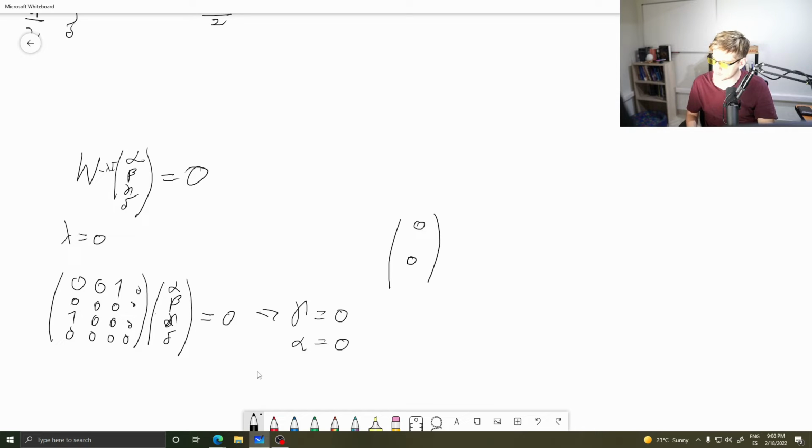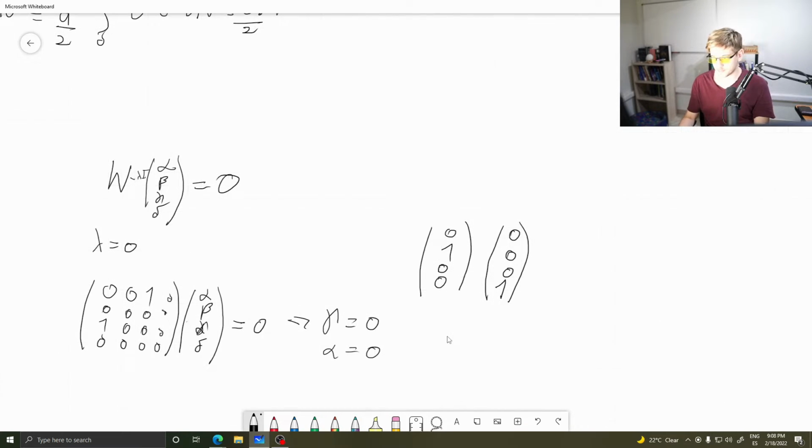Everything else is up to us. But since we're looking for normalized states that are orthogonal to each other, the easiest thing would just be to plug a 1 in here, a 0 in here, a 0 in here, and a 1 in here. That's the easiest solution. So these would be our first two eigenstates, the first good states.